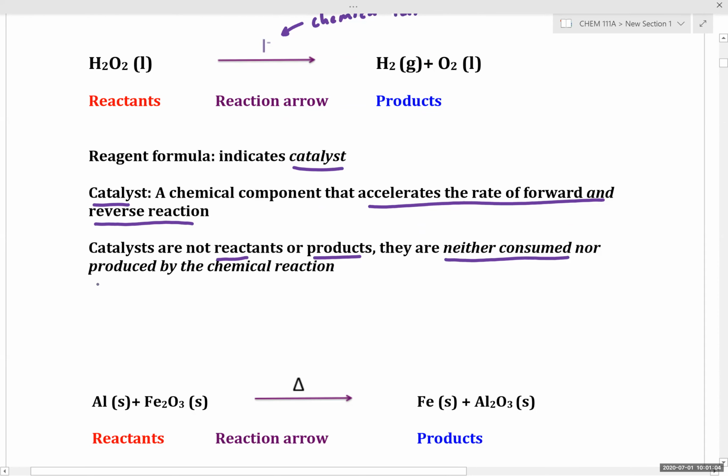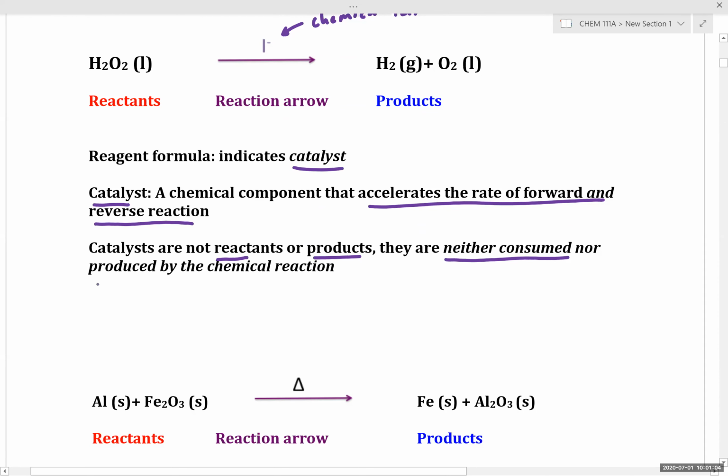Are our coefficients the smallest possible? Can we simplify our coefficients? So we have 4 to 4 to 2. Are these the smallest possible set of whole numbers? No. So what's a simpler ratio?